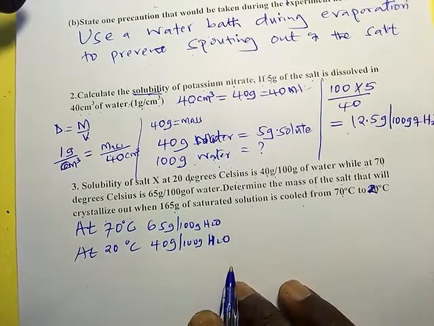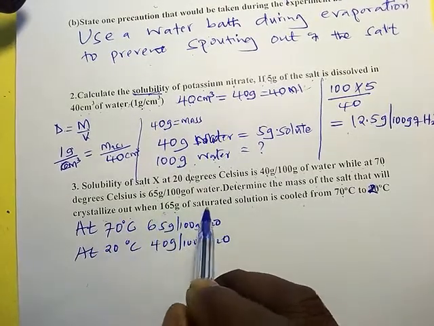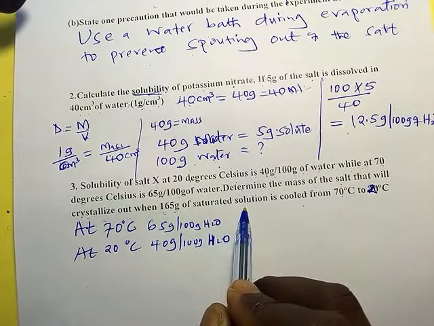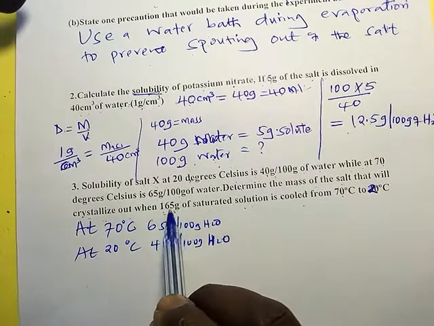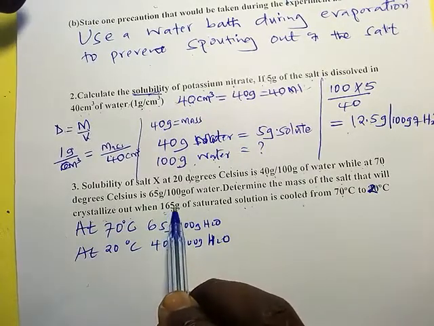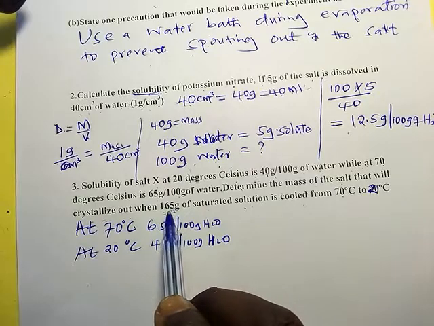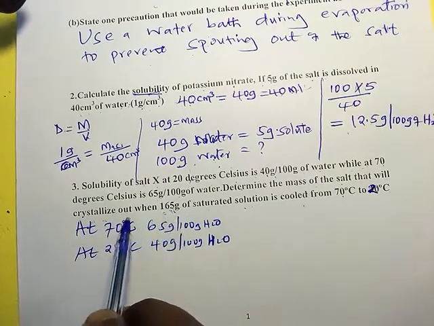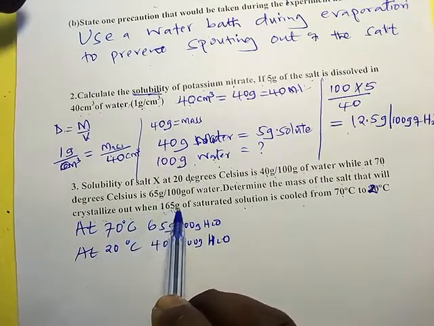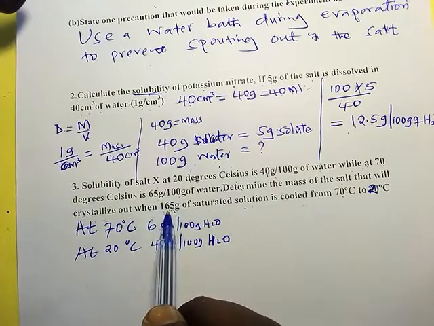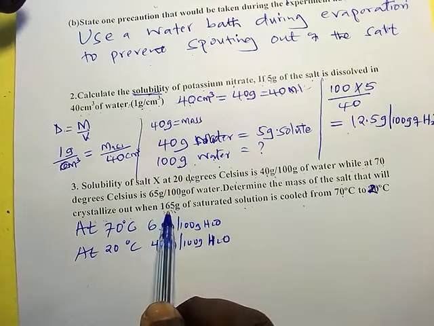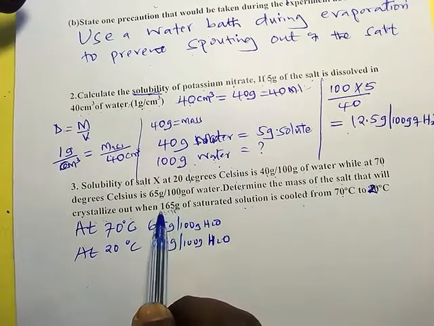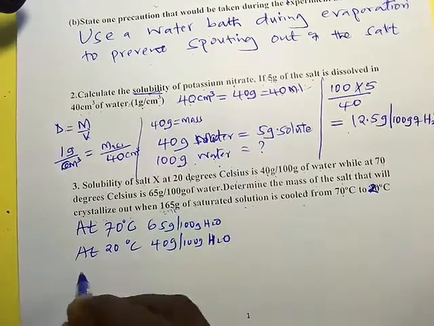But remember, we have a saturated solution here. This saturated solution contains a given mass of solvent, and it contains a solute. So from the way this is 165, it means 65 grams of the solute was dissolved in 100 grams of water.